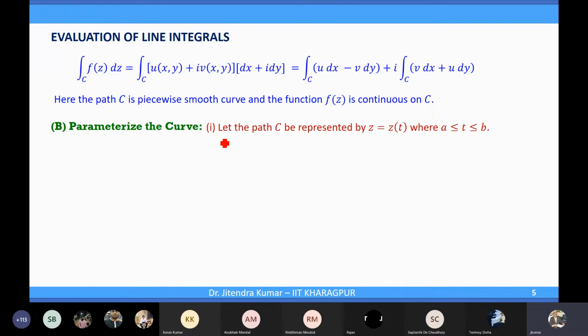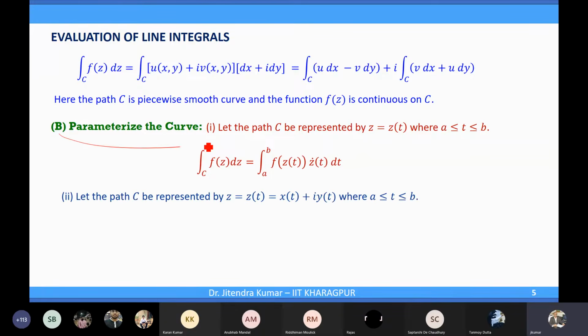So here you have the path C represented by z = z(t), where t is in the range a to b. This is the parametric equation of the curve, and as we discussed last time, you substitute z = z(t) in the integral, and dz becomes z prime(t) dt, and then you have a single real integral over t, and you integrate this and you will get the value of this integral.